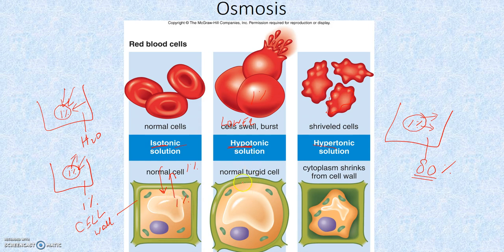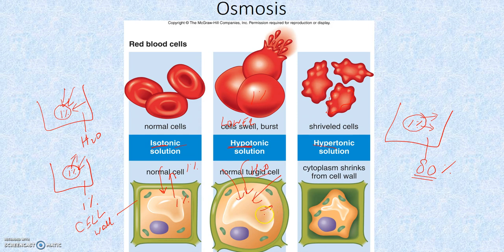Here, when I'm putting the cell in a hypotonic concentration, that means I'm putting a cell in just simple water, in a very, very weak solute concentration or plain simple water, water is going to enter the cell. Look at the central vacuole. It's going to become big, full of water. It is going to push against the cytoplasm.